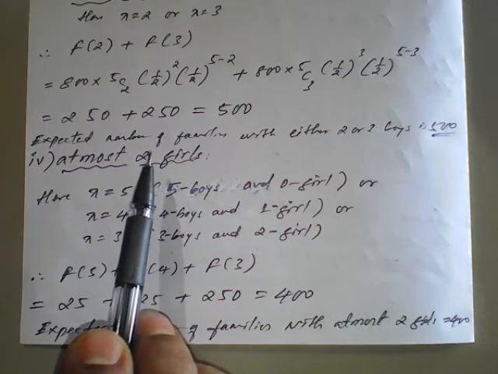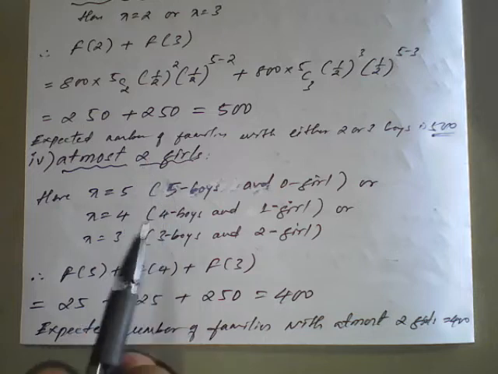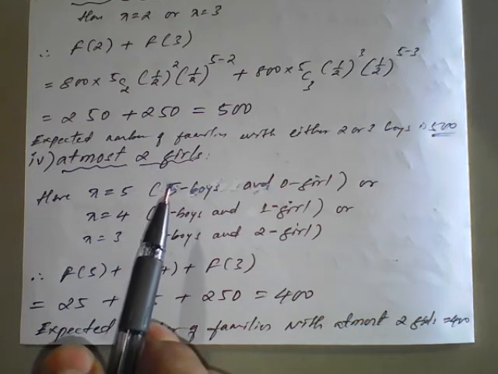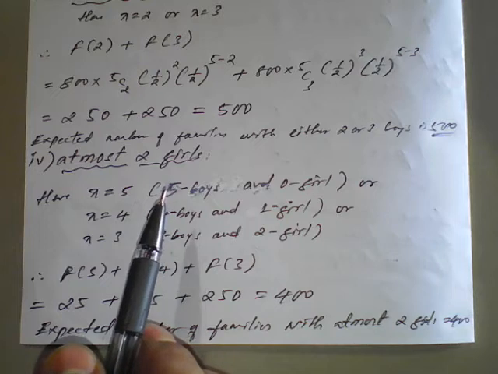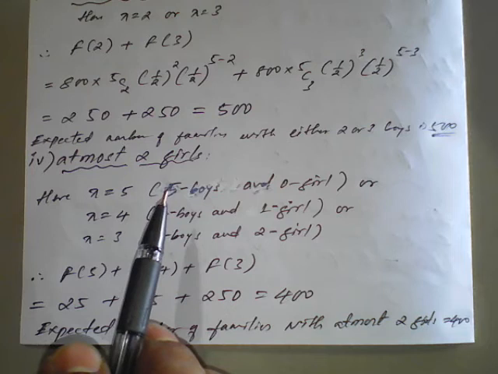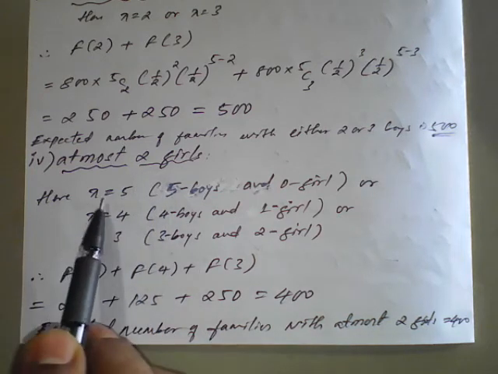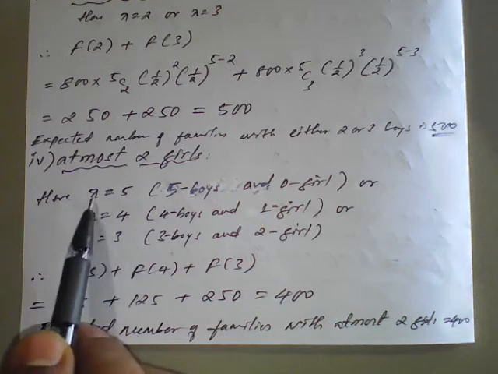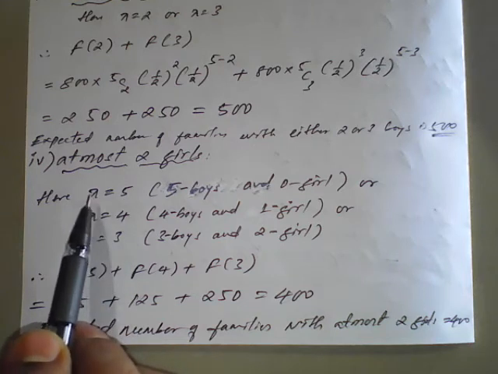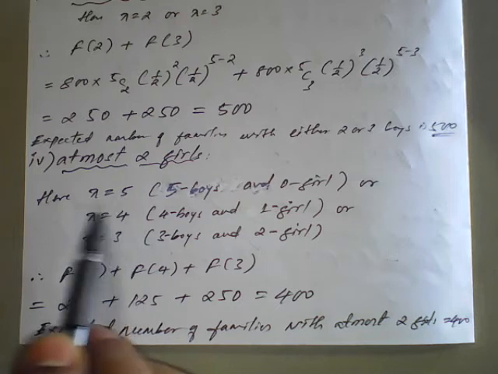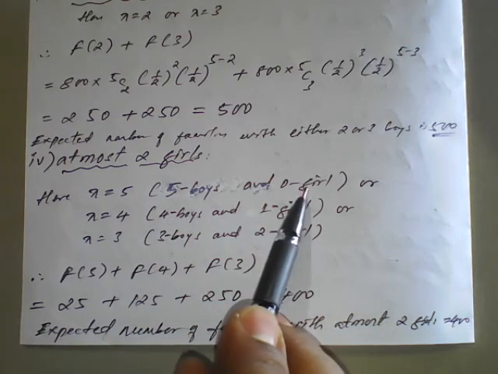Out of 5, maybe no girl is one option, the second option is 1 girl and the remaining are boys, the third option is 2 girls and the remaining are boys. The total should be 5. The first option: if x is equal to 5, we know x is the number of boys, so 5 boys means 0 girls.